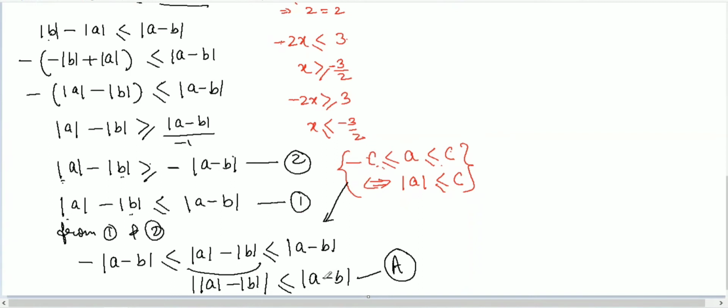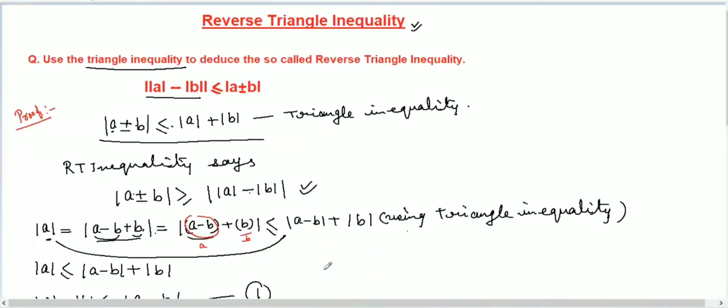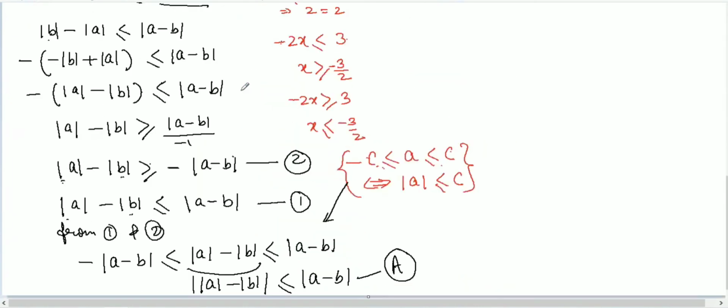So we just proved only A, absolute value of A minus B. But if you see the reverse triangle inequality, absolute value of A minus absolute value of B will be less than or equal to absolute value of A plus or minus B. So we just proved the absolute value of A minus B. So we need to prove the plus B one as well.